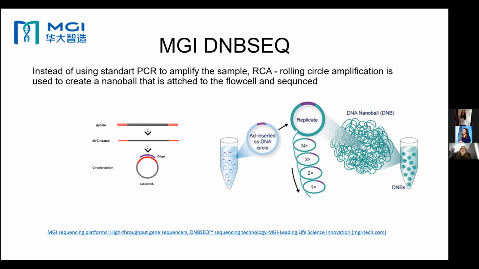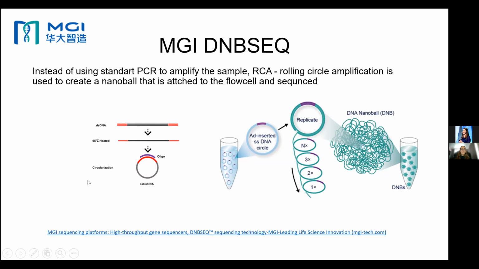Then we need to circularize our molecule, and that is done during this circularization process. During this process, the split oligo that is complementary to both the 5' and 3' ends of the adapters will hybridize and make a circular molecule.